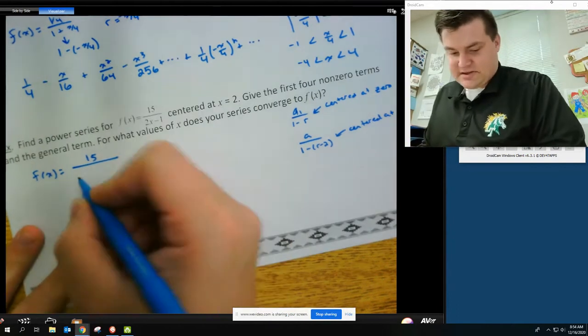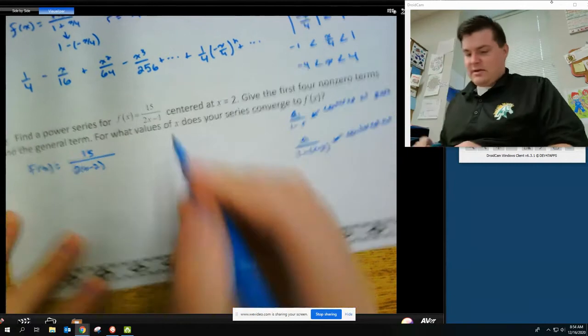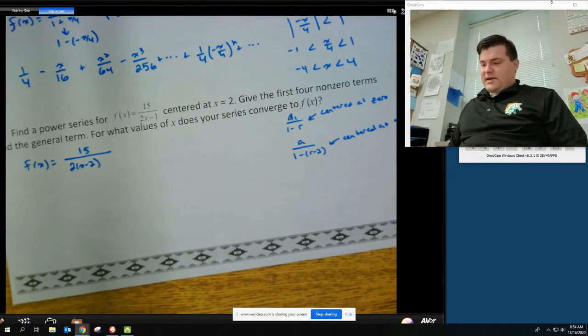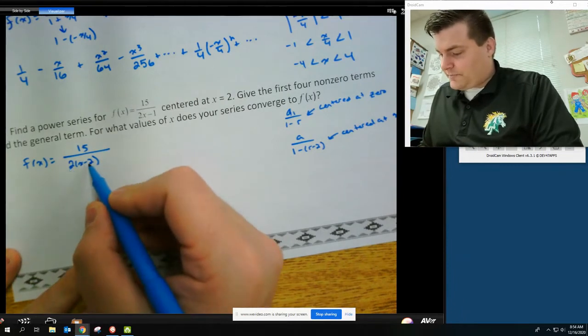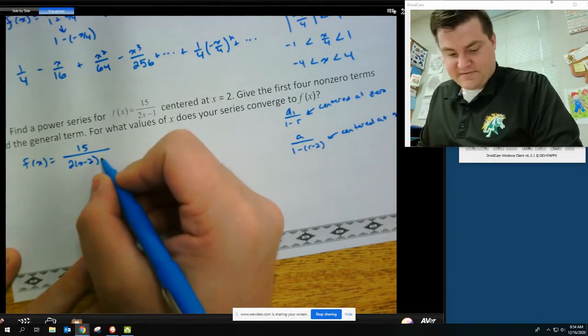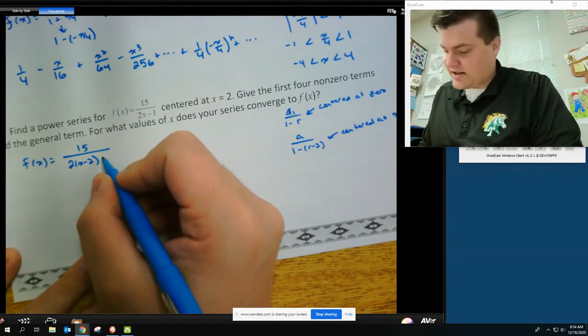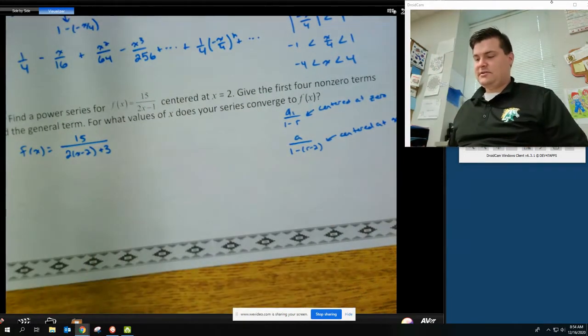So I want to write this as 2 times x minus 2, right? Now, in order to do that, I need to make sure this matches right here. So if I were to do that, I get 2x minus 4, which means that since that's a minus 4, actually I need to add 3 to that, so that this matches that right there.